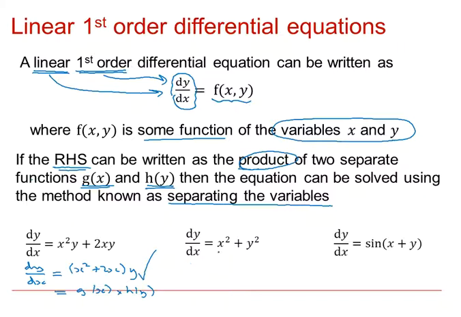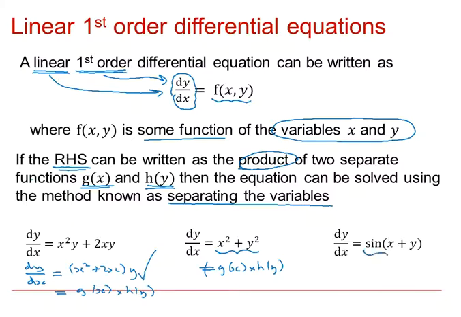If we look at this second problem, it's impossible to pull out common factors or factorize or rewrite the right hand side in a way which would separate the x's as a product of a function of the y's. So this one cannot be done, and we would not be able to separate the variables.